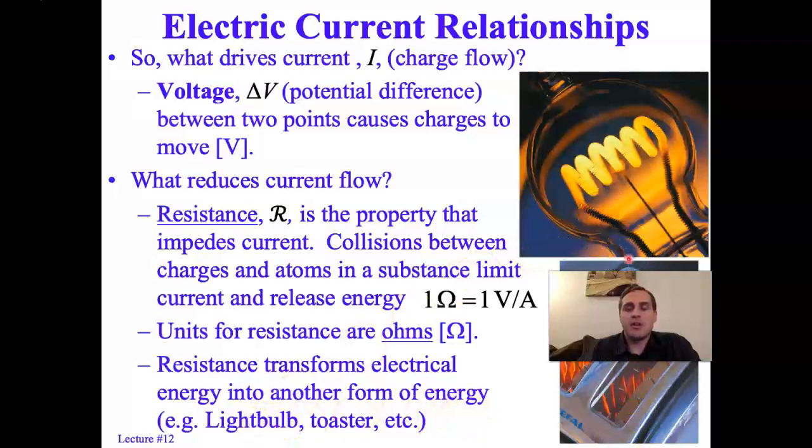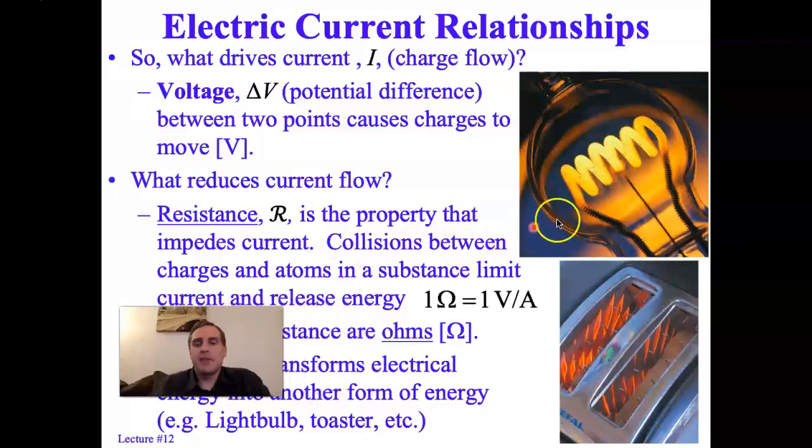So let's have a look here. Notice that if we have a light bulb, there's a very, very thin filament here, which is wound in a very tight helix. And notice that we also have very thin pieces of conducting wire inside this toaster, and that's because it's transferring electrical energy into heat energy.